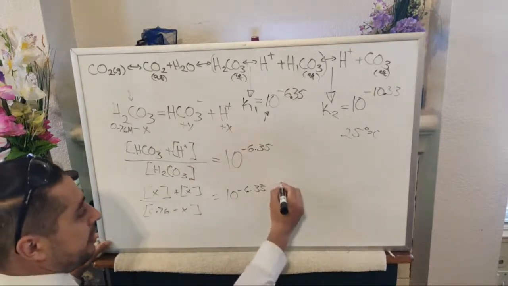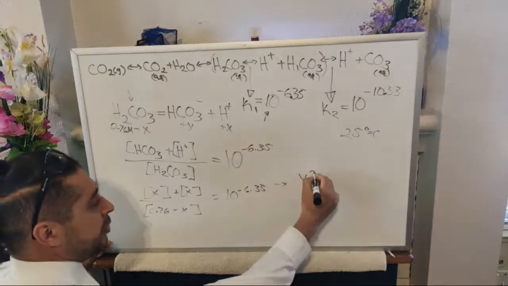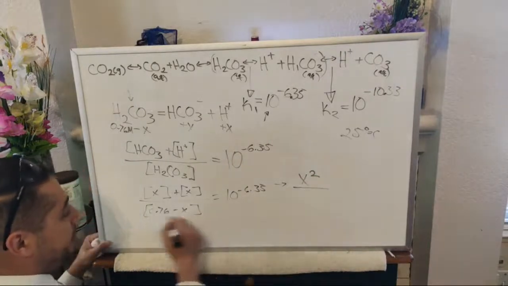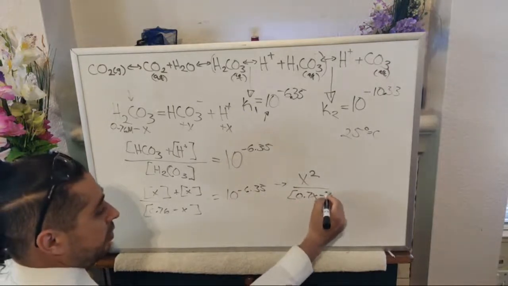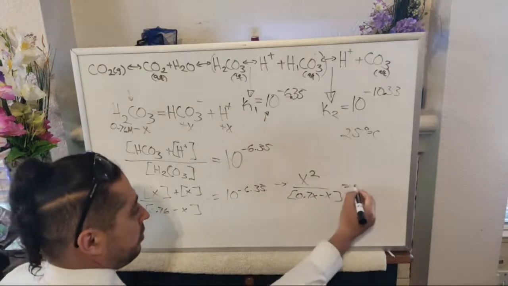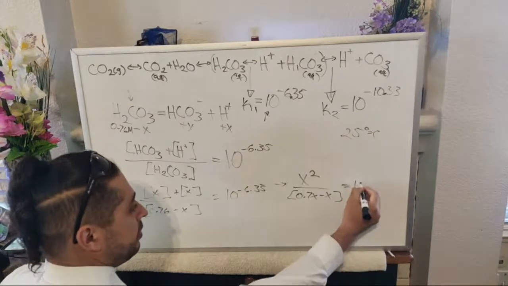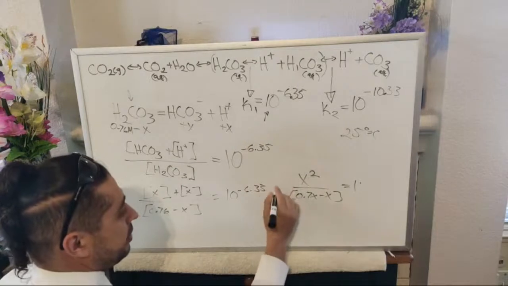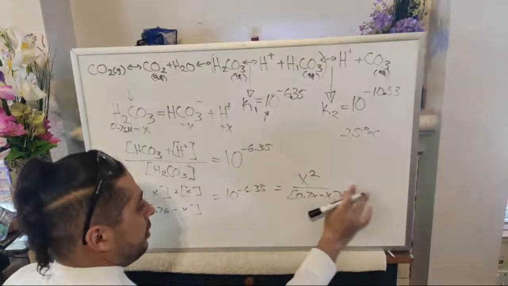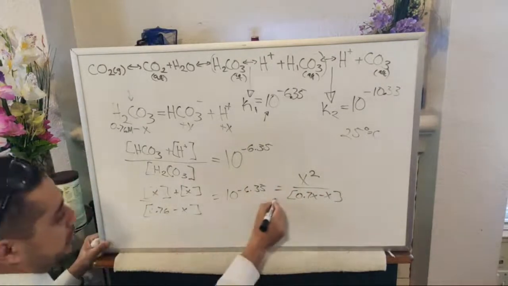Alright? And then from there, since you put these together, you're going to get X squared. I know this is already confusing for a lot of people. You're going to get X squared, and then whatever amount in the bottom is equal to, I'm just going to put it equal right here. So from right here, you go to there.